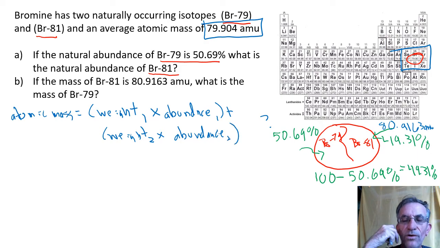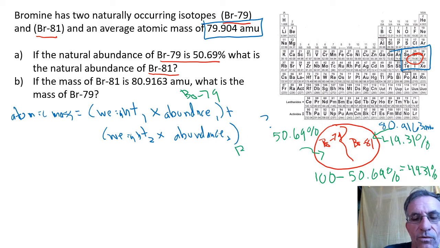Now, which one we call 1 and which one we call 2 doesn't really matter. I am just going to say, for the heck of it, isotope 1 is the bromine 79. And just for the heck of it, the other isotope is isotope 2, the bromine 81.